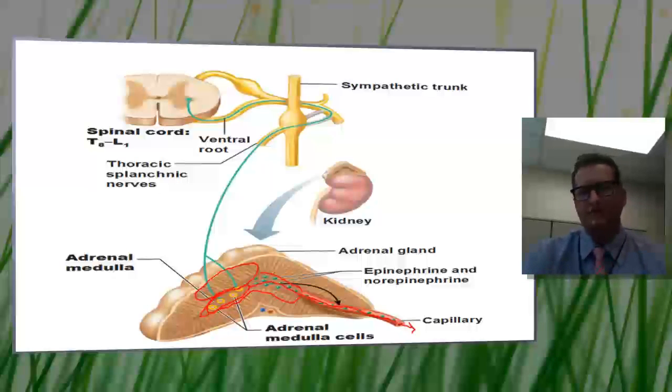Now, it's important to remember that this is just the medulla of the adrenal gland, so it's part of the sympathetic nervous system. It's the cortex of the adrenal gland that's part of the endocrine system, and the cortex is very, very interesting. It secretes some important hormones that we'll discuss in the endocrine system.